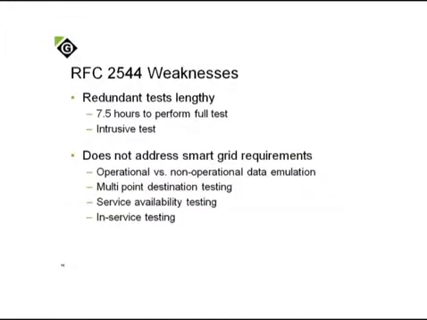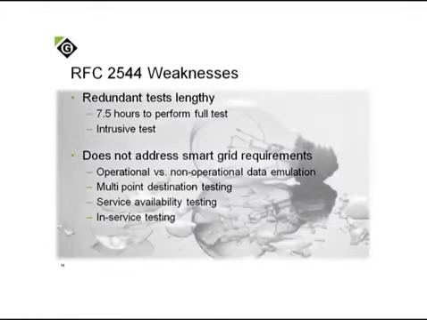Now, some of the challenges we have with RFC 2544 is that because we test throughput separately, and we test latency separately, and we test frame loss separately, and we test a mix of different frame sizes, to do that per the standard, we're looking at a 7.5-hour test, which no one does, right? We know that we don't test all the frame sizes anymore because that reduces the time to test. We don't do the full 20 different latency cycles because it doesn't need to be done.